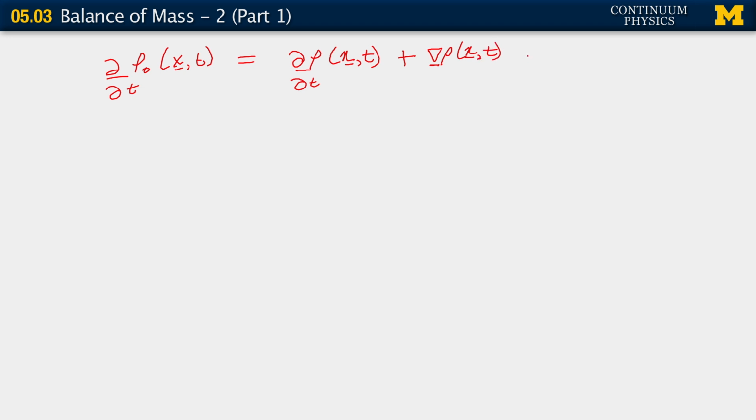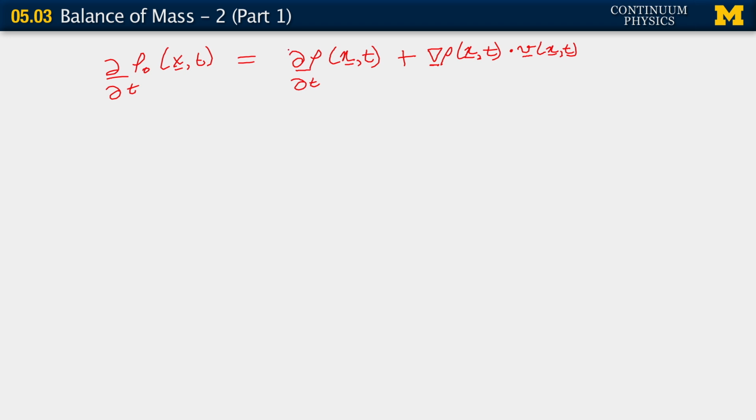Rho is a scalar. Its spatial gradient is a vector dotted with v, the spatial velocity, x comma t.